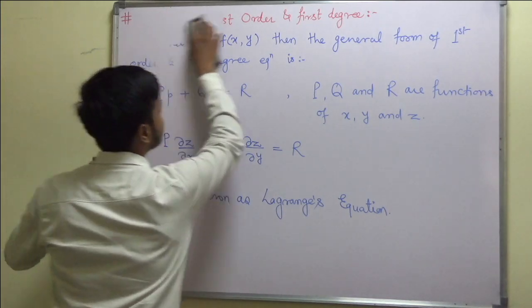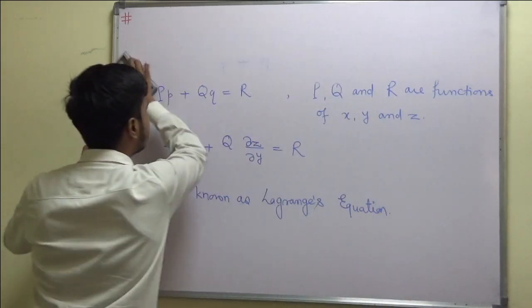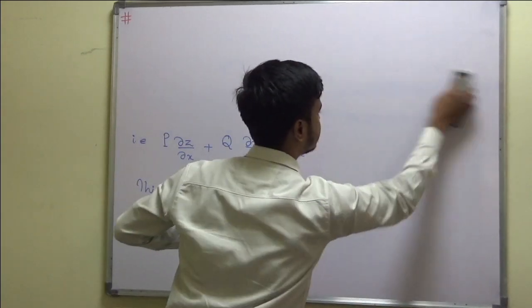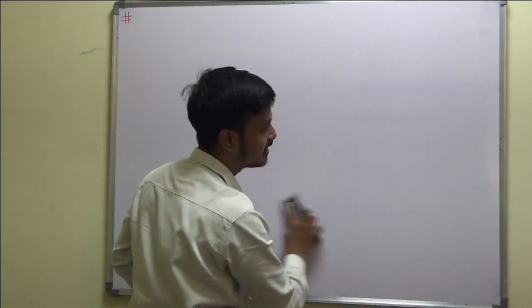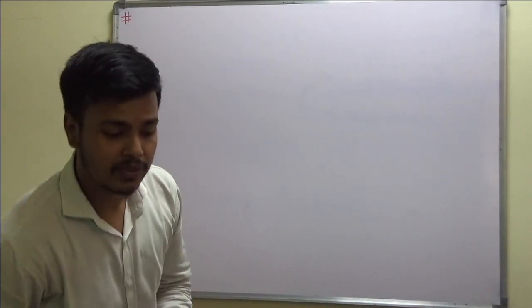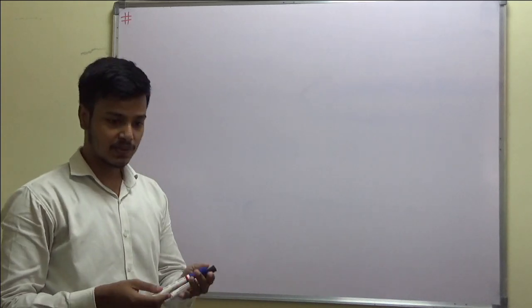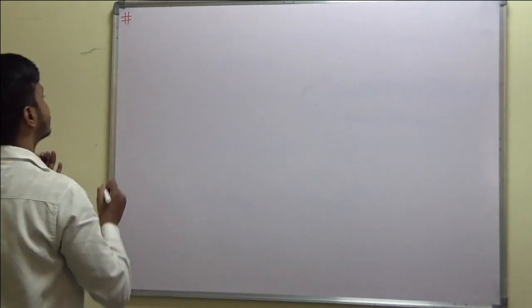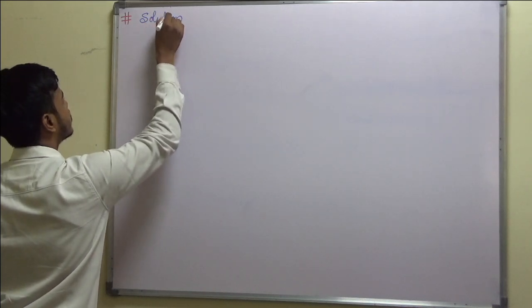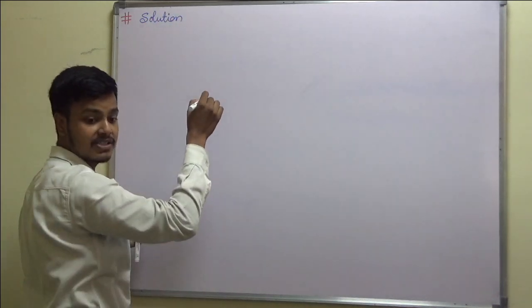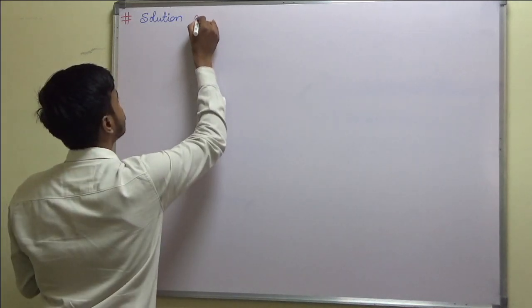So let us see how to get the solution of this type of differential equation. As you all know, we are following the working rule to get the solution. So let me write down here, solution of Lagrange's equation.